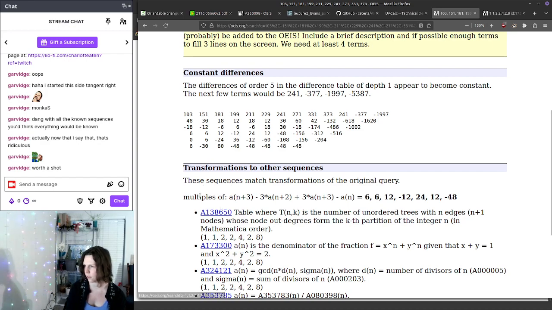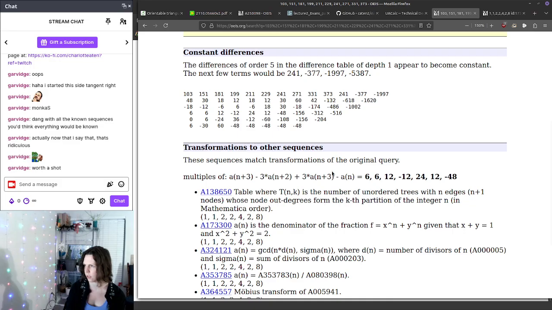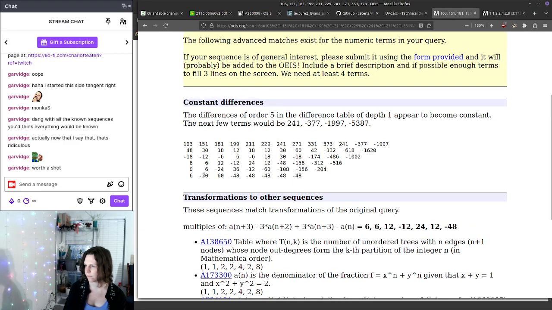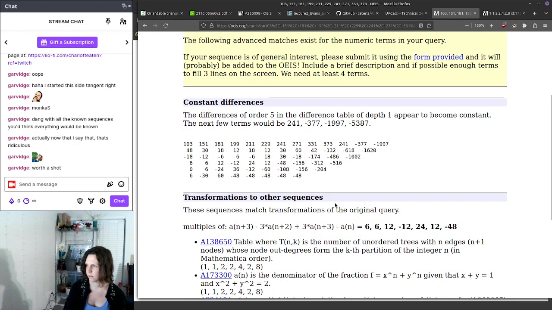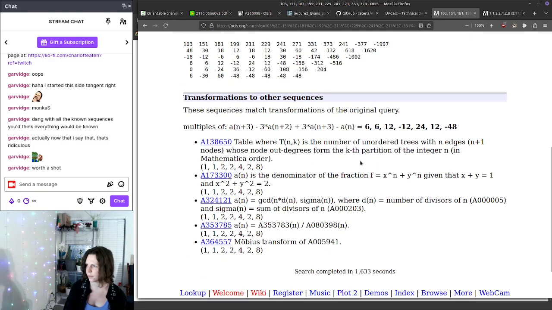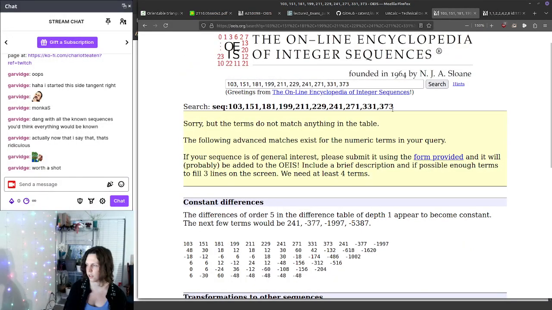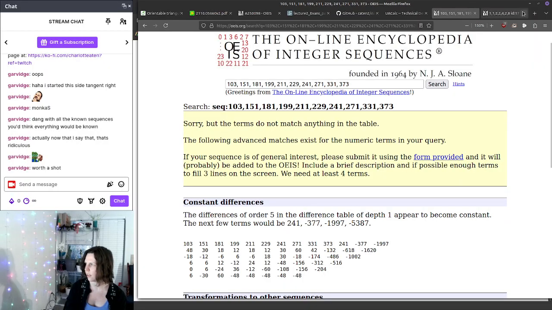Transformations of the original query. Okay, just some transformation. Well, I'm not really sure about that. None of these seem blatantly obvious to me that there's anything especially interesting going on here, but that's fine. All right. I think I've had about enough of the encyclopedia for right now.